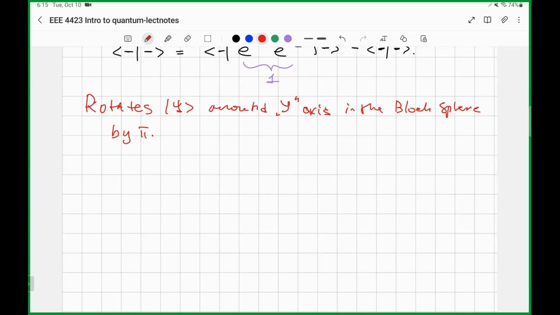Okay, so we're not going to check this one in the IBM Quantum. Let us introduce another one, which is more important.